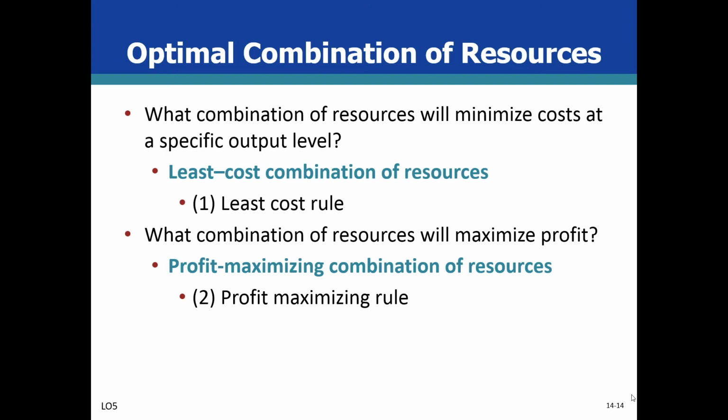So what I'm going to try to do in the last portion of this lecture is to discuss, well, what is the optimal combination of resources, and what are the measures that I can use to determine if I'm using the optimal combination of resources?